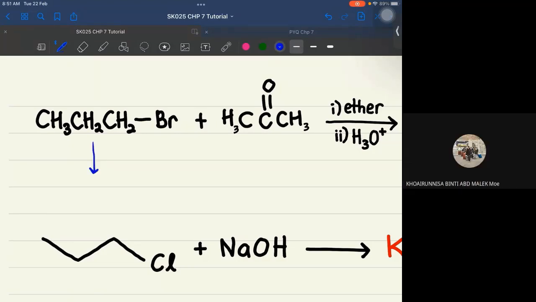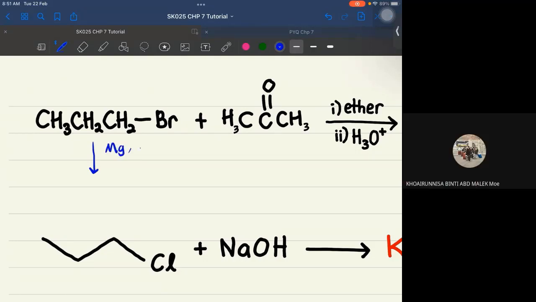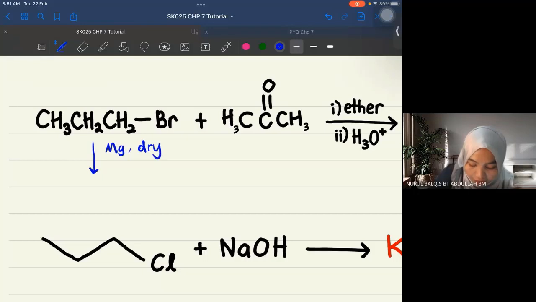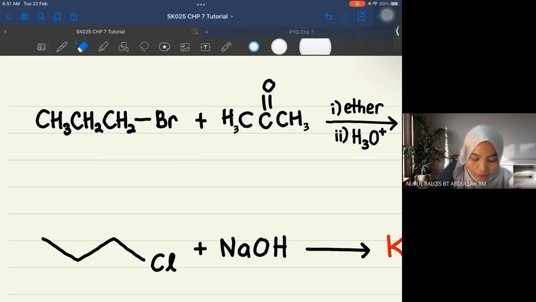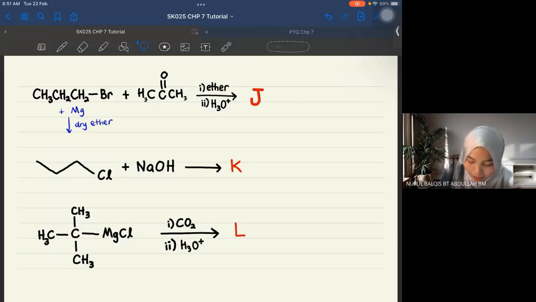No, tak boleh. Jadi kena buat apa dulu? Kena tambah dengan Mg. Yes, with the presence of dry ether. Okay, Mg, dry ether. Okay, kalau boleh sekejap. Tukarlah kita guna plus Mg. Nanti takut ada isu pula sebab dia ni plus Mg and then kita ada this dry ether.